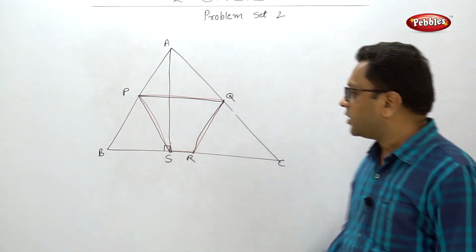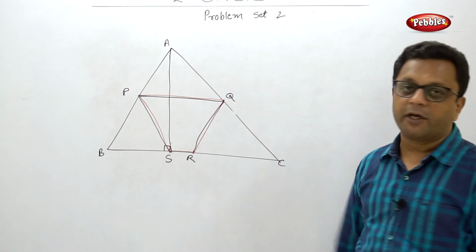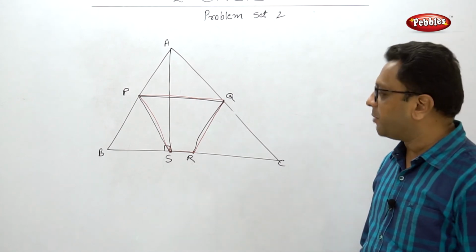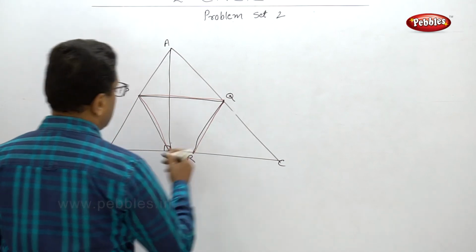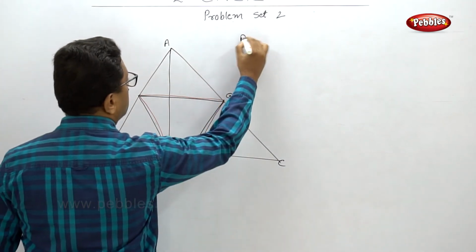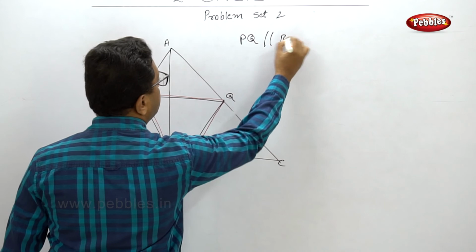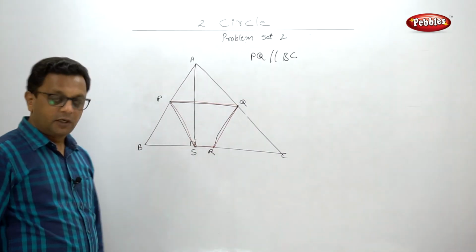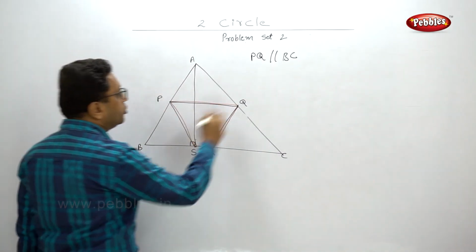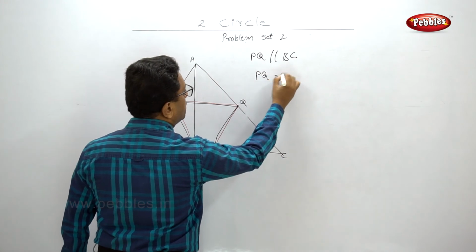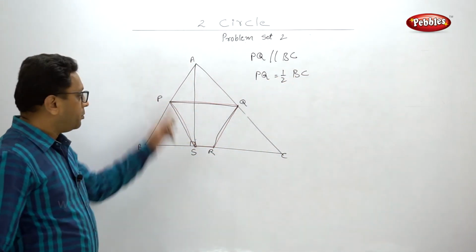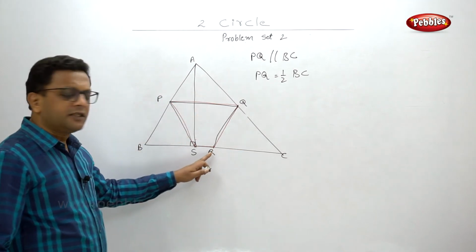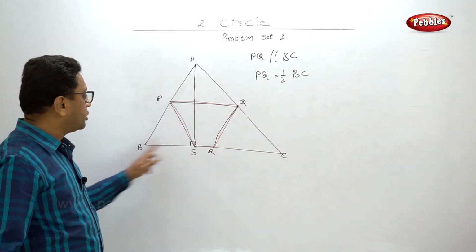Now in this triangle, P and Q are the midpoints of the sides, and hence by the midpoint theorem, first of all, PQ and BC are parallel. And second, PQ is half of BC. But R is the midpoint, so PQ is equal to BR.